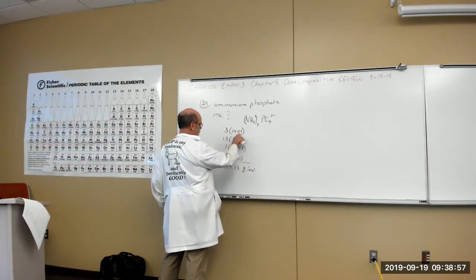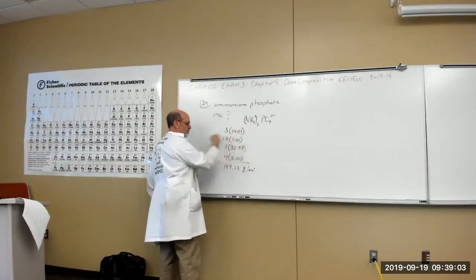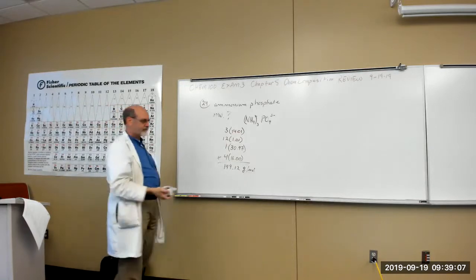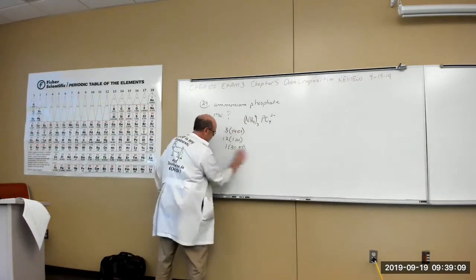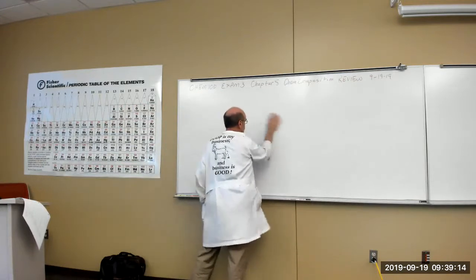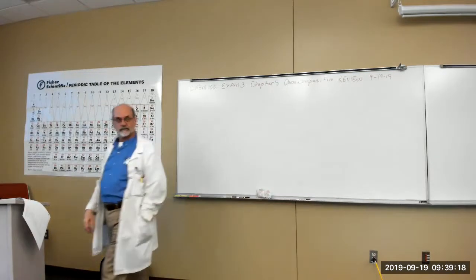I bet that's it. That would be 0.03 difference. So this calculation must have been done with 14 rather than 14.01. That was critical thinking. Yeah, we're searching out the answer.